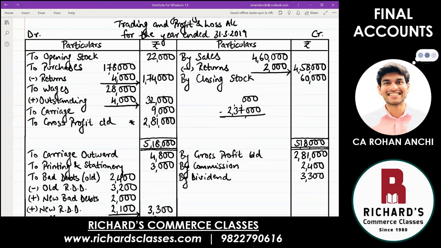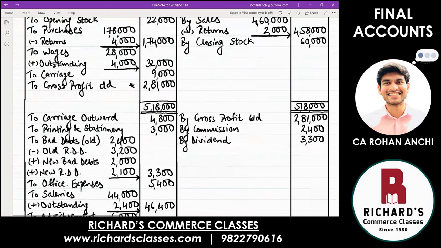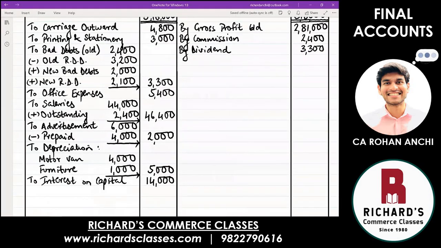Now same thing you do to close profit and loss account. Add up first the credit side, check what is the total, then add up the debit side and check what is the total. 2,86,700. Is this the credit side total?